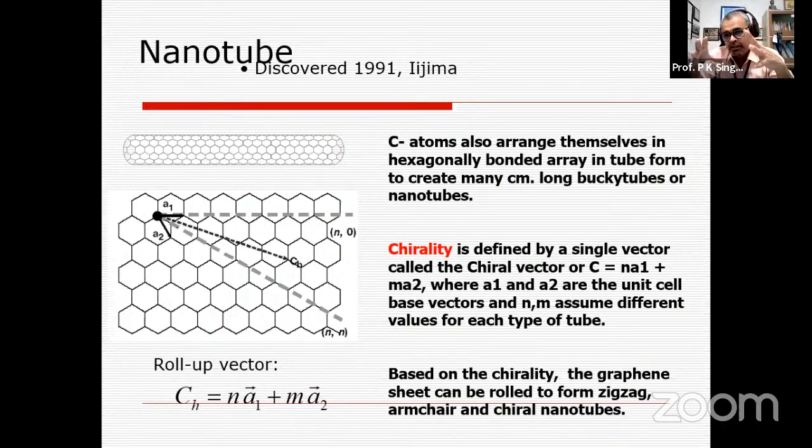Now you see the beauty of this material. There are three possibilities. Suppose this is a graphene sheet. There is a possibility to mold it if I am going to make a nanotube. There are only three possibilities: either I can mold it along our length side, making tubes, or along our breadth side, or in between those.